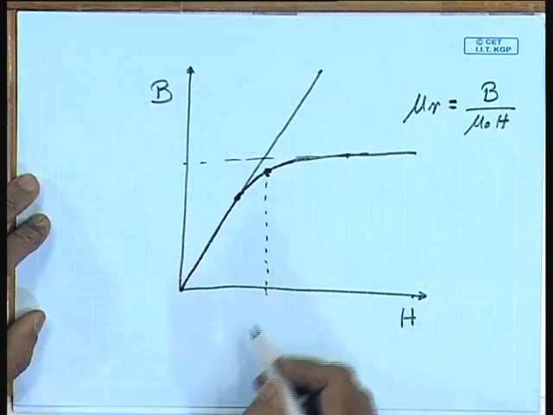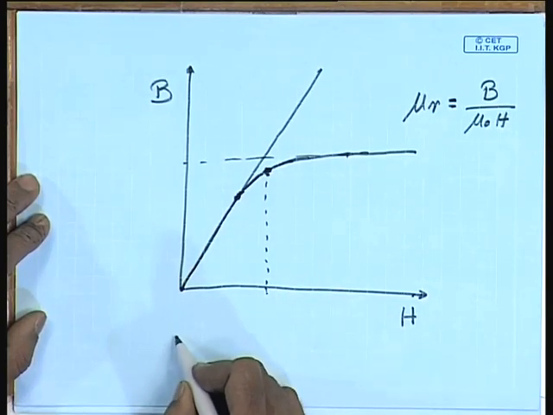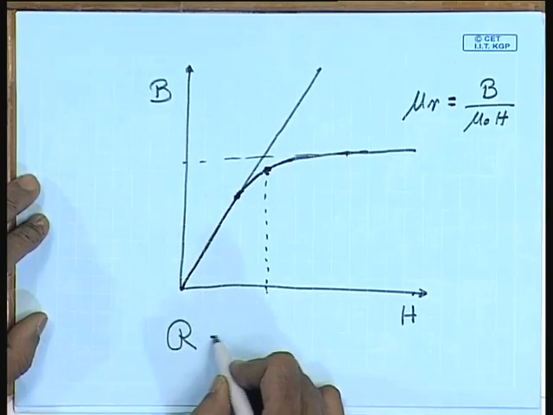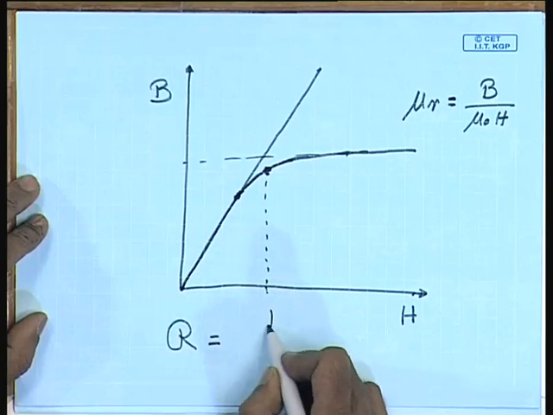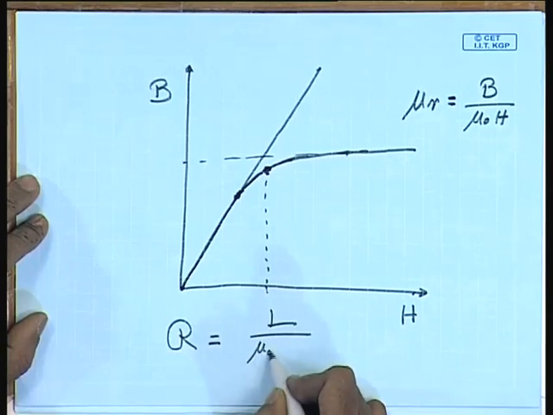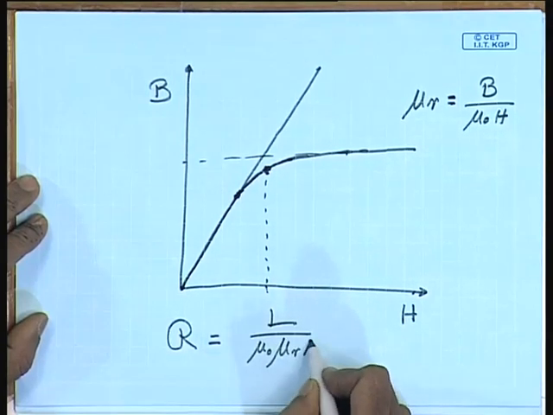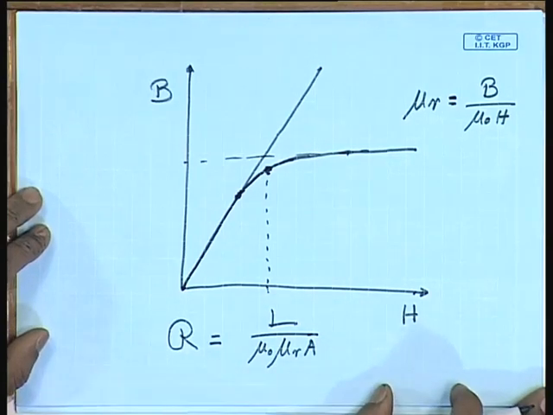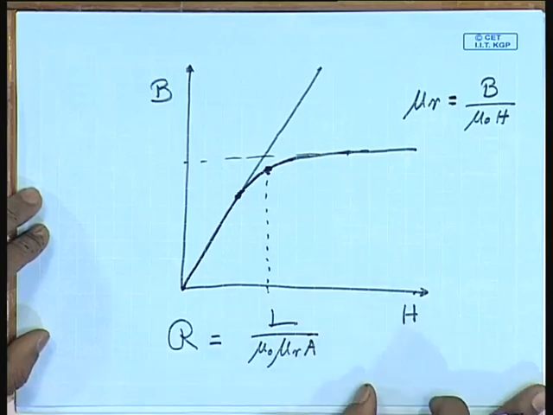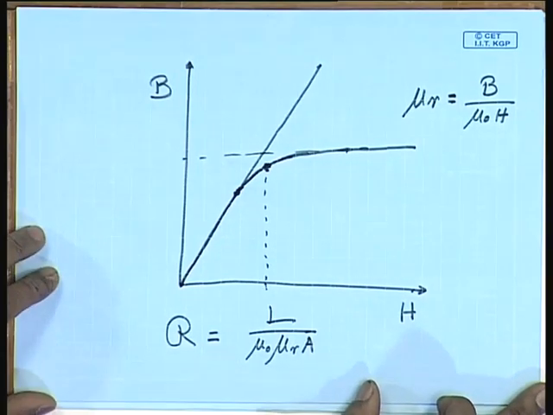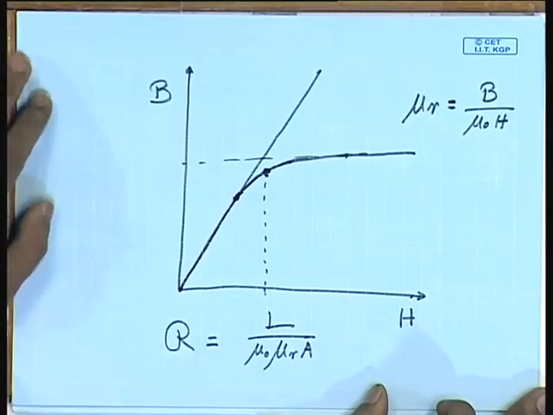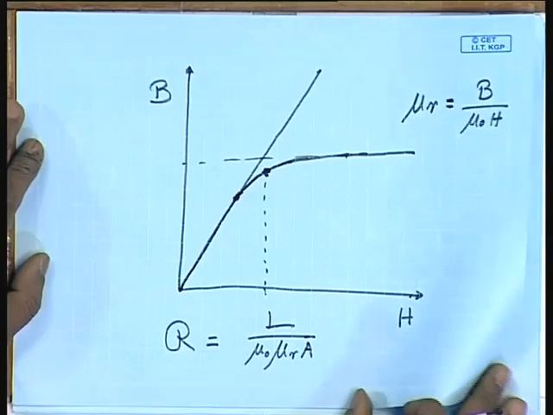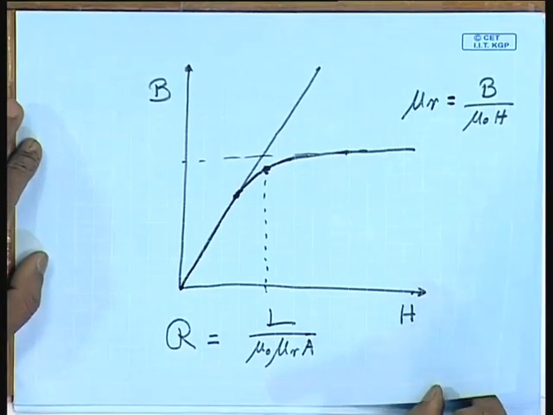Therefore, reluctance of the magnetic core, which is given by R equal to L divided by mu naught mu r A, does not remain constant for all values of B. This is what makes analysis of magnetic circuit somewhat more difficult compared to the analysis of an electrical circuit. Let us see why.